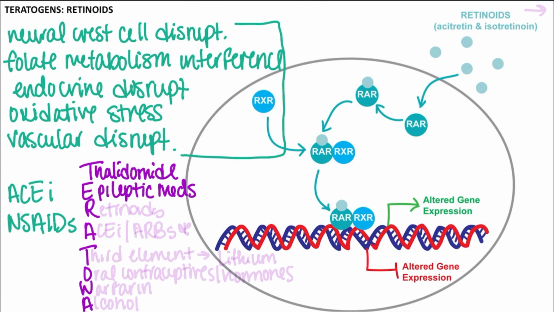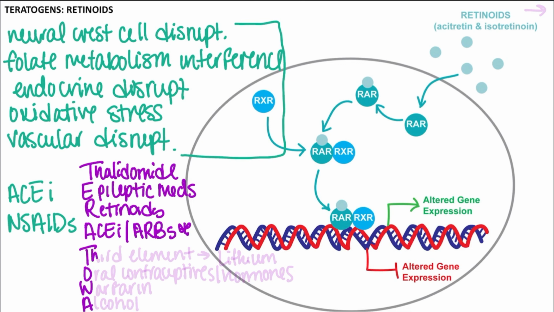The next one is going to be retinoids, followed by our ACE inhibitors and our ARBs, or our angiotensin II receptor blockers, and these both are going to hit in a similar pathway.